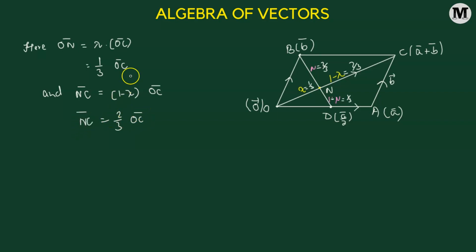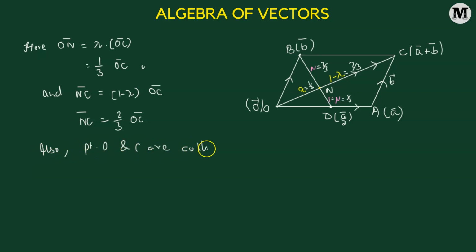So here we have obtained that ON vector equals 1/3 of OC vector and NC vector equals 2/3 of OC vector. Also, point O and C are collinear.